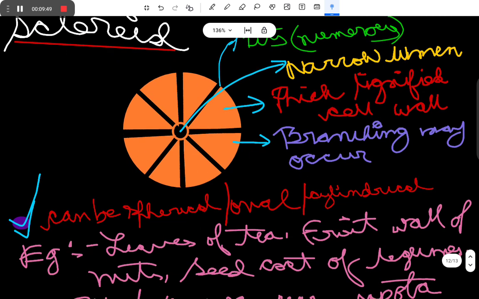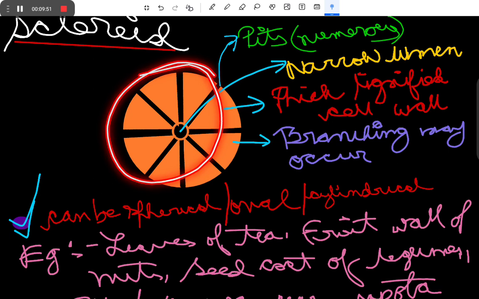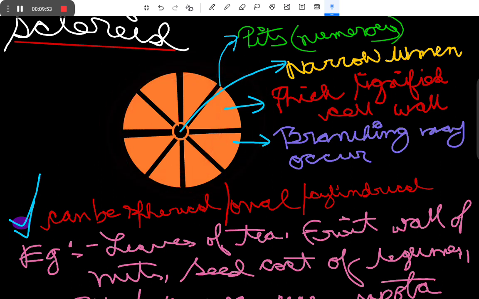See, the sclereid cells are usually round. And the pits are numerous. There are many pits within a small cell, many perforations or holes, as you can say. This is the main difference between them: sclereids have numerous pits and fibers have few.